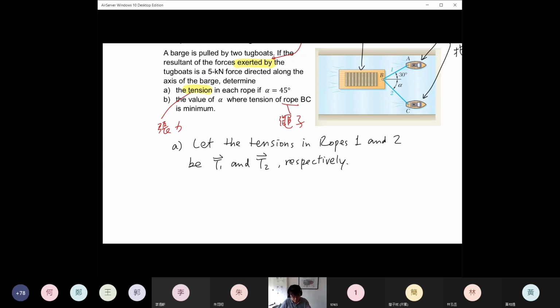Because we are going to determine the tension in rope 1 and rope 2, we give them names.